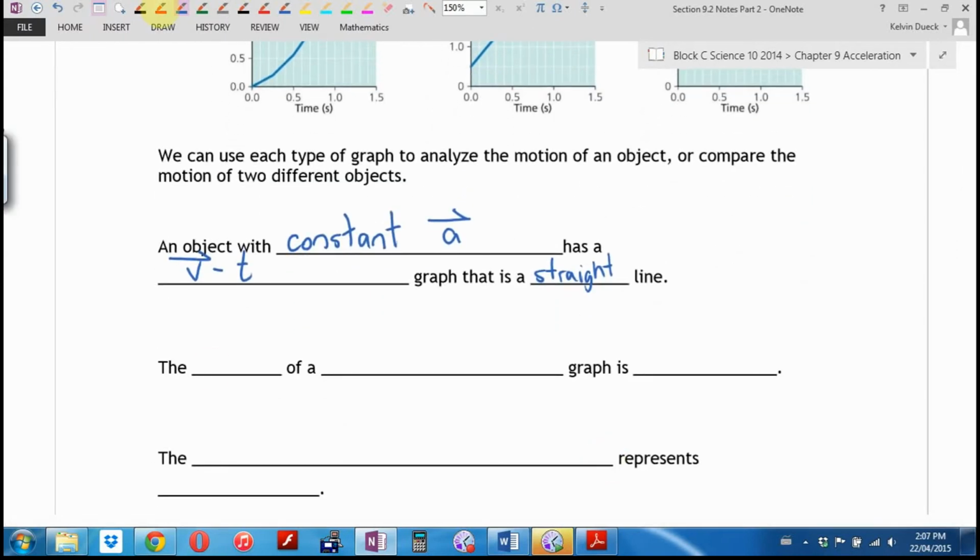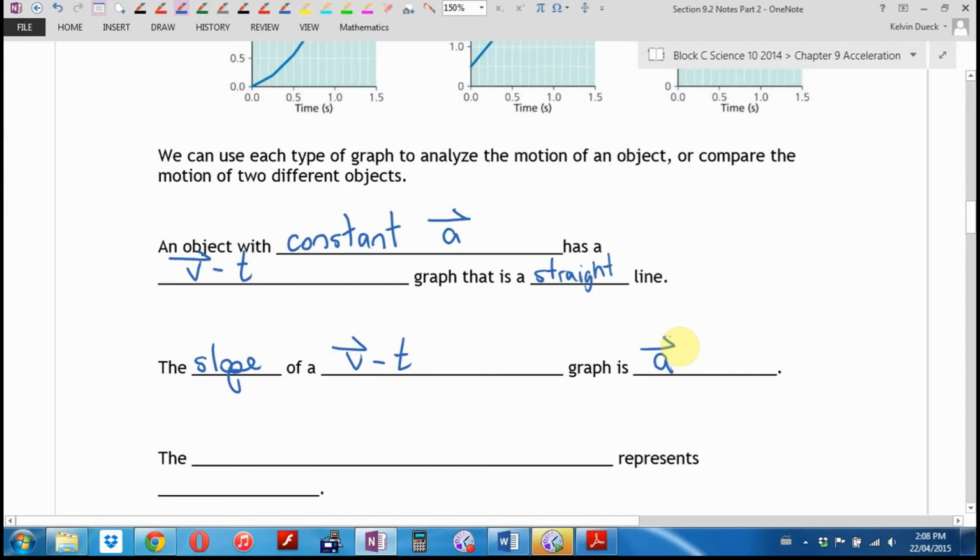I'm going to repeat myself. The slope of a VT graph is? It's the key idea. It means if you know the acceleration, you also know how steep the slope of the velocity time graph is.